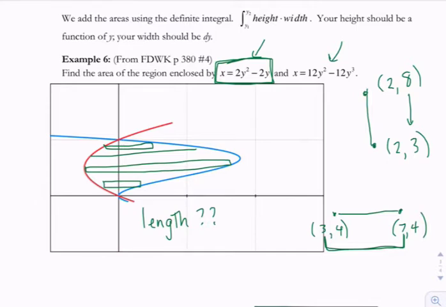So when I do length, I need to know what does x equal on the right and what does x equal on the left. I also need to do right minus left to make sure I get a positive answer. The bigger x coordinate is on the right, the smaller x coordinate is on the left.